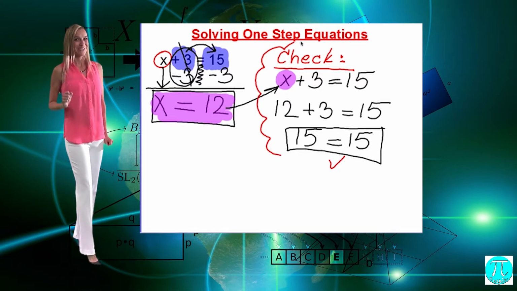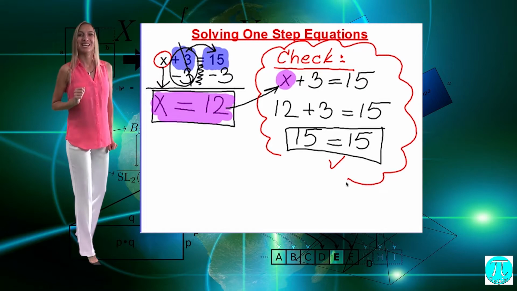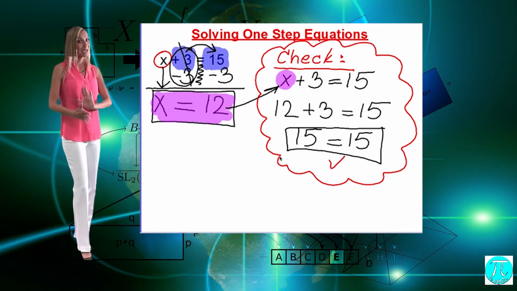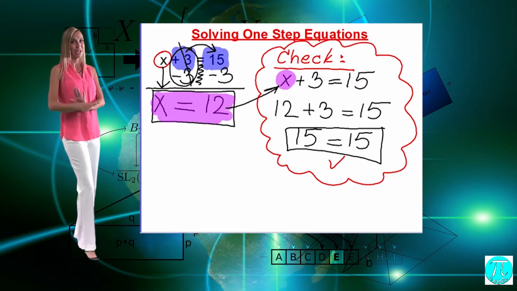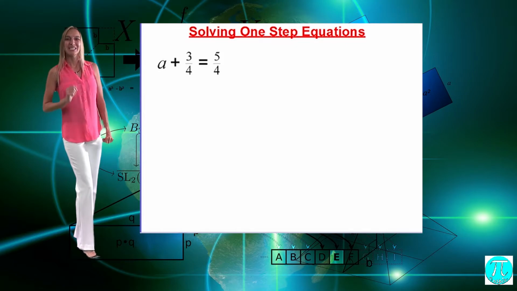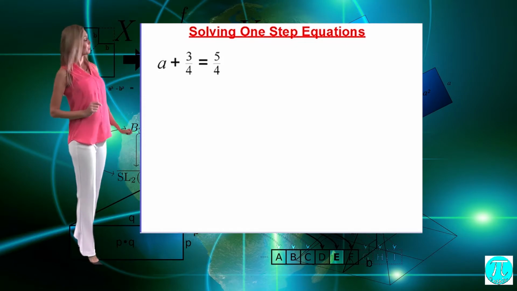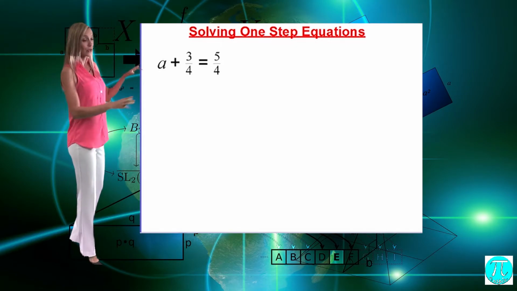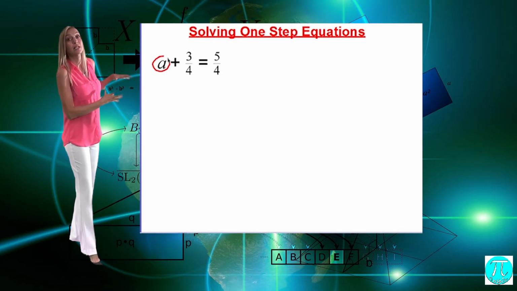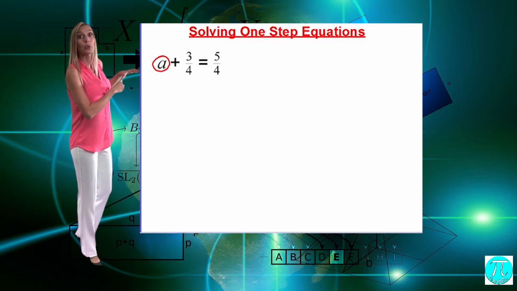Sounds good? Now let's look at the next example that is waiting for us. The next example on the next slide has fractions. Well, let's see what we can do. It says a plus 3/4 equals 5/4. First step is isolate the variable. Isolate the a because that is telling me don't touch it, leave it alone.